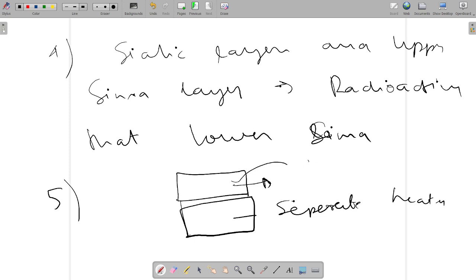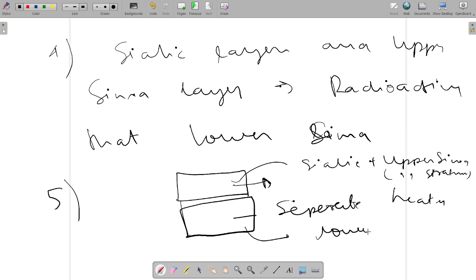The upper layer consists of Sialic and upper Sima. Upper Sima is also known as upper stratum, and the lower Sima is also known as lower stratum.